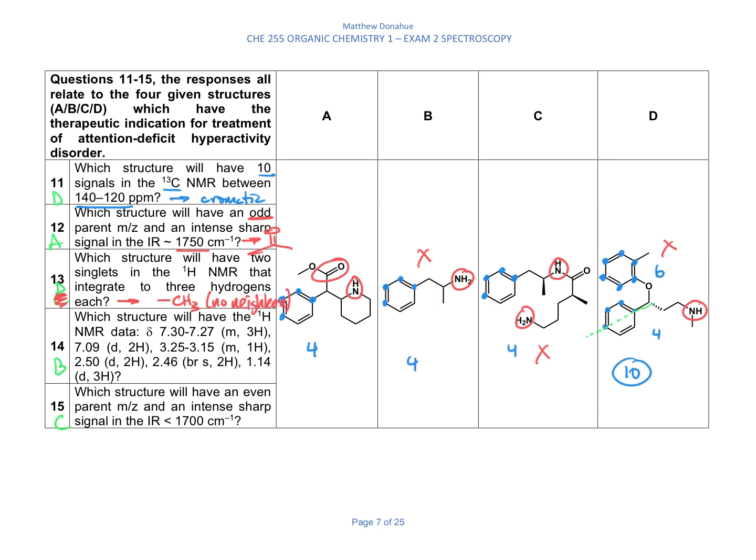And so we have A has a methyl group, no neighbors, but that's 1 singlet. B has a methyl group, but it has a neighbor, so that's going to be a doublet.